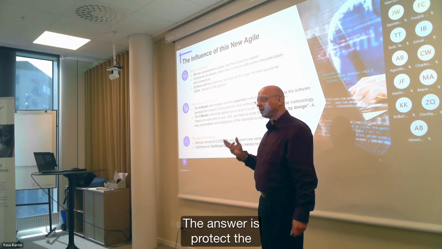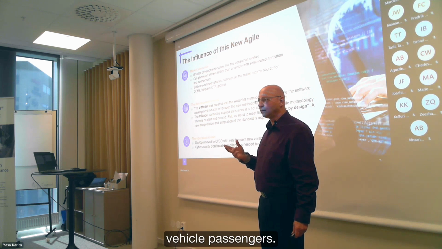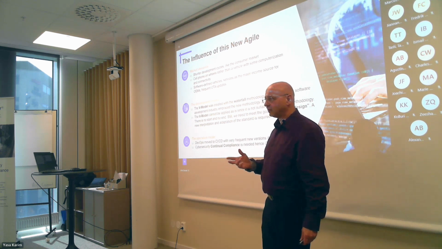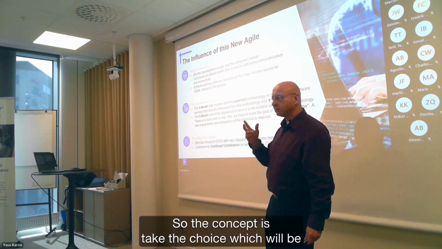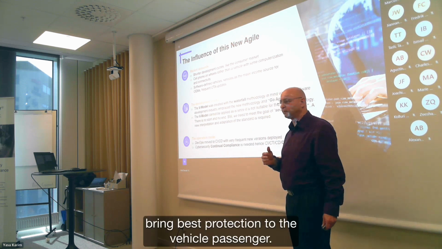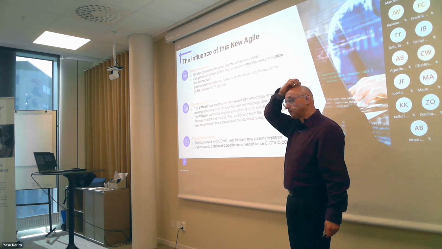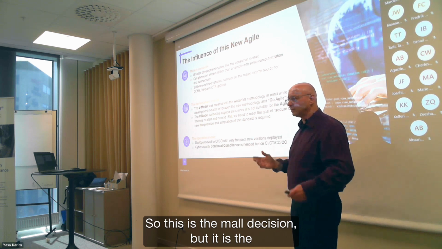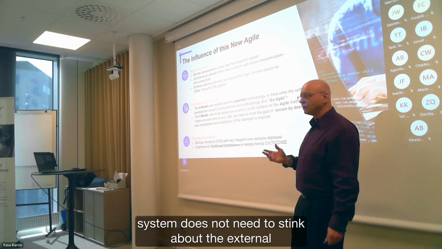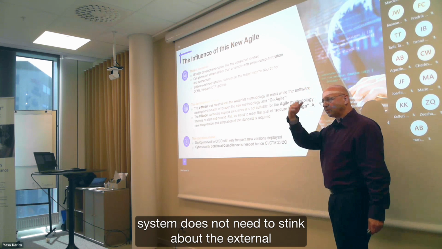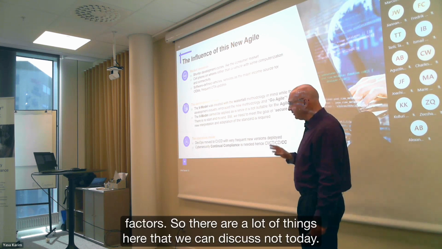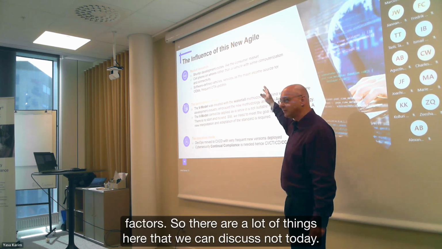The answer is protect the vehicle passengers. So the concept is take the choice which will bring best protection to the vehicle passenger. So this is a moral decision, but at least the system does not need to think about the external factors. So there are a lot of things here that we can discuss, not today.